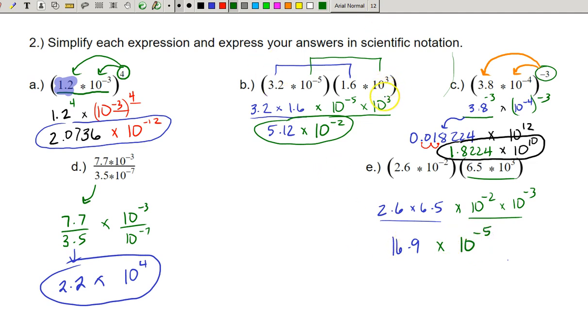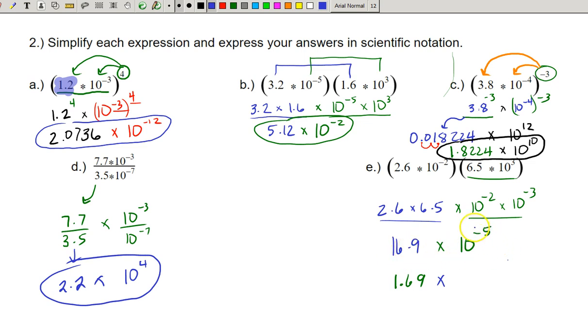Again, we have the same situation where this is not in scientific notation. So we are going to adjust the first number so that we move the decimal over to the left so that this becomes 1.69. That means in order to move the decimal point to the left, we had to divide by 10, right?